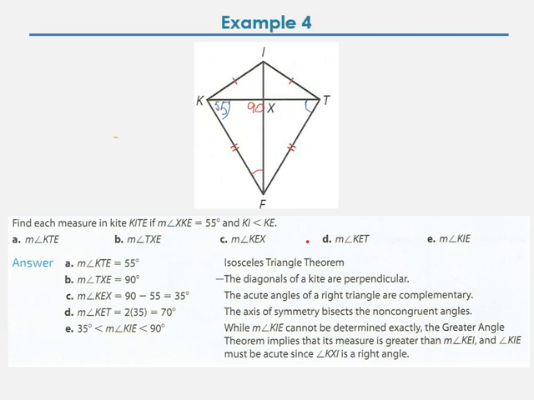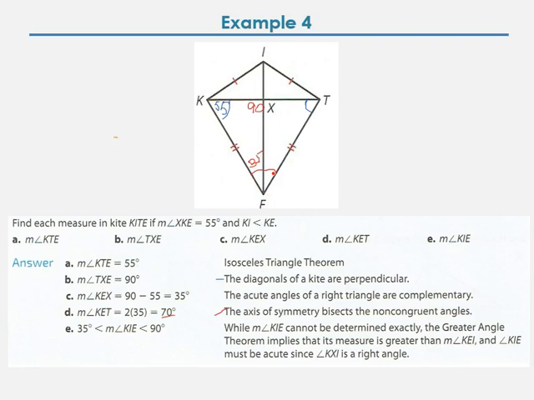They just took that step for you. So they've already done that step, and 90 minus 55 equals 35 degrees. The measure of KET, that's this total angle, would be 2 times 35, which is 70.